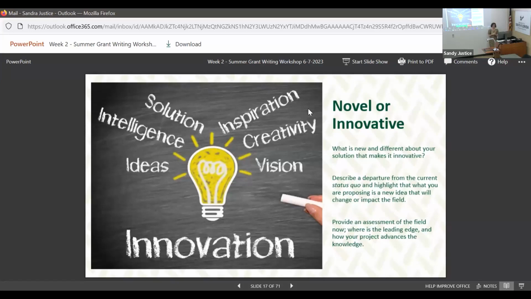Is it new? Many of these applications say this is one of the very first things we're going to peer review on. How can you tell them if it's innovative? How can you demonstrate that it's novel? And it may not be new to the world, but new in the way that you apply it.